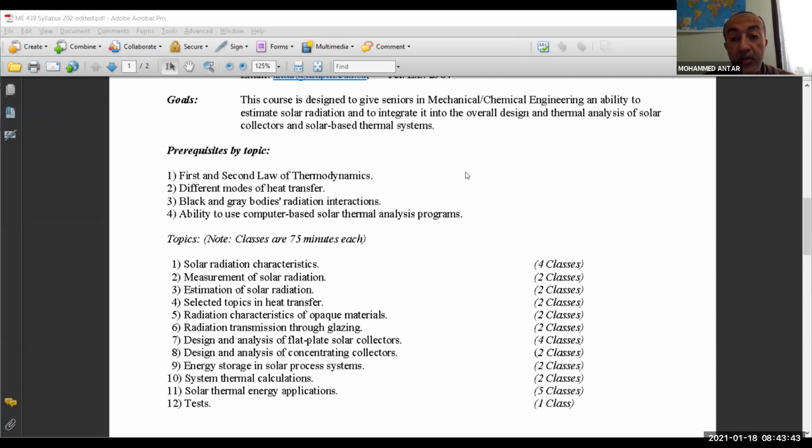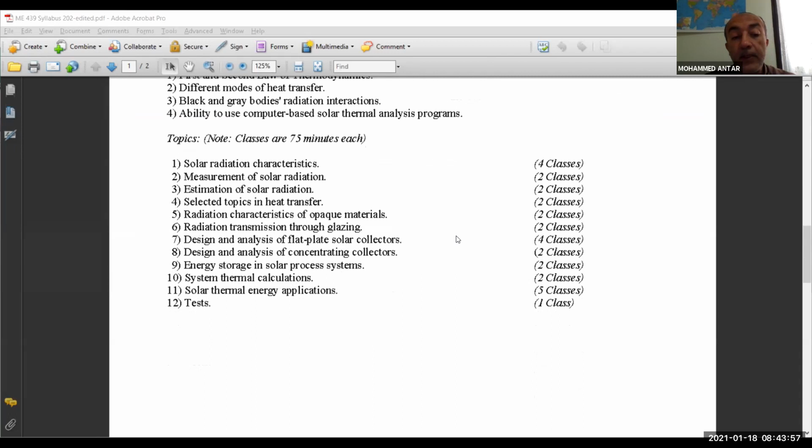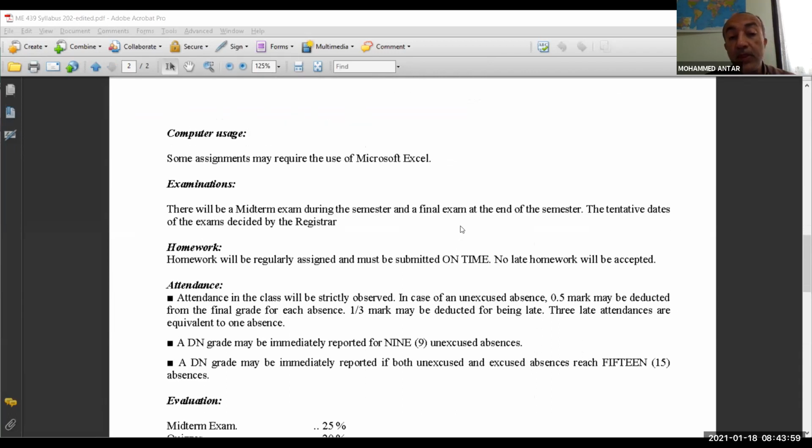As far as I understand so far, we are going to have a single midterm, where you will be coming to the university yourself to take the midterm, in addition to the final exam that will be face-to-face as well. Otherwise, any kind of assessment is going to be done online. So quizzes will be done online through Blackboard. The homeworks are going to be assigned regularly.